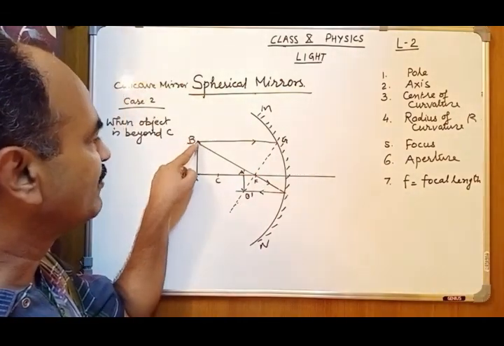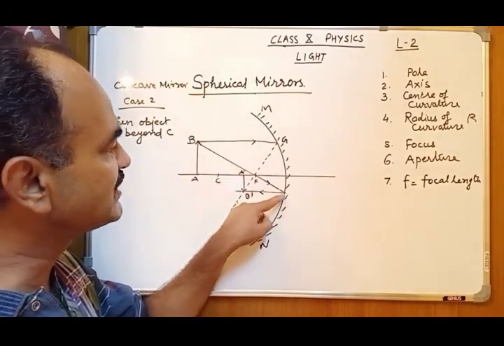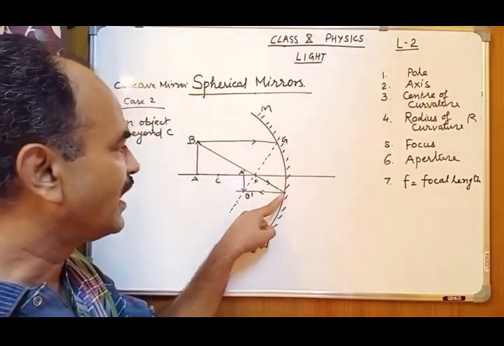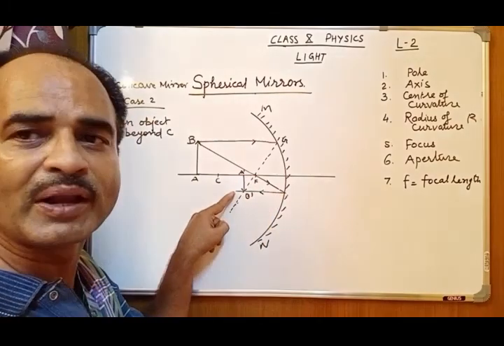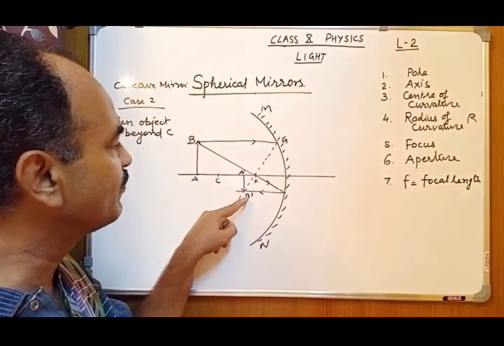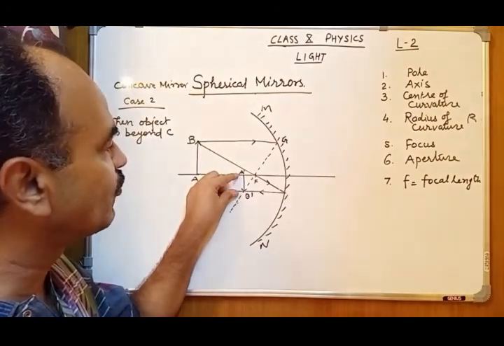Similarly, the ray which is incident on this side coming through the focus, after reflection will become parallel to the principal axis, and this will meet at a point B1, and the image of the object will be formed.